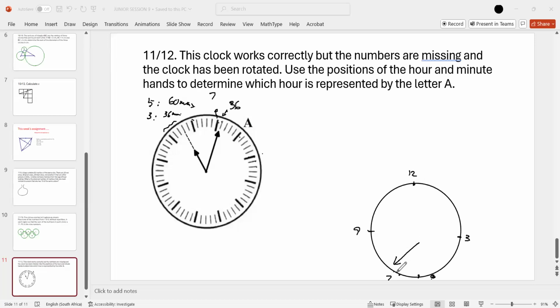And you got one more. So it's at 36. So this number here is 7. So therefore this number here would have been 8. So A is 8.